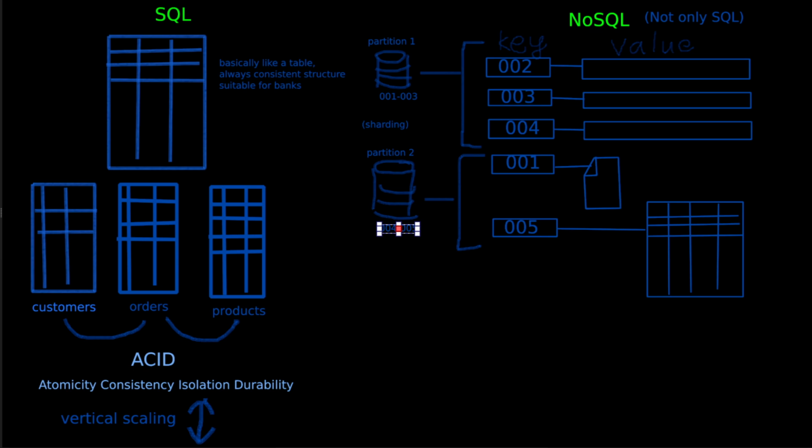If you have 001, 002, 003, 004 and 005, 1 through 3 go to partition 1, and 4 through 5 go to partition 2. So that means there is such an action of reorganizing your NoSQL system. Like you have 001 go to partition 1 and 004 go to partition 2, because they have keys like that.